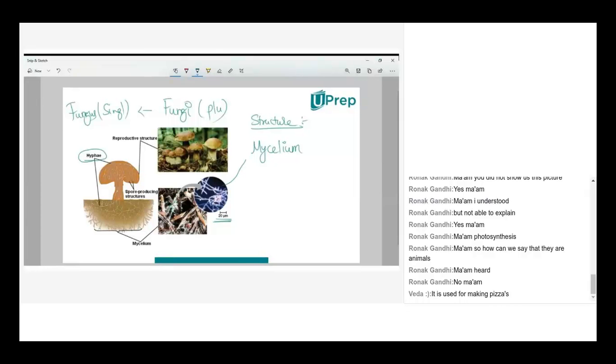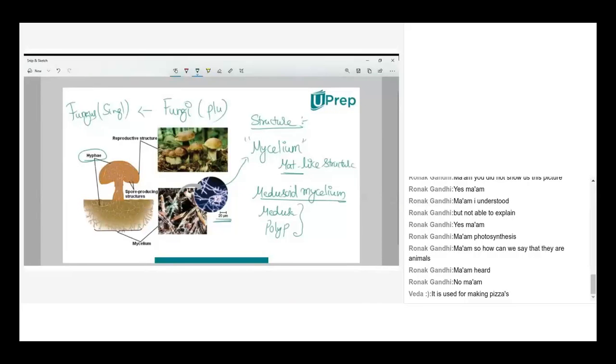Now, the word mycelium can be used in different contexts, as Akshat said, medusoid mycelium. Medusoid mycelium is not at all related to fungus. Medusa and polyp are words used in the animal kingdom, especially Cnidaria.